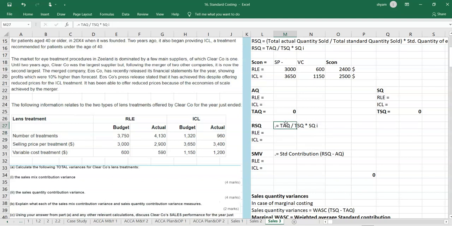To find this, first we have to get TAQ. For TAQ, we have to get AQs. AQ is actual quantity. Actual quantity is 4130 and 960.